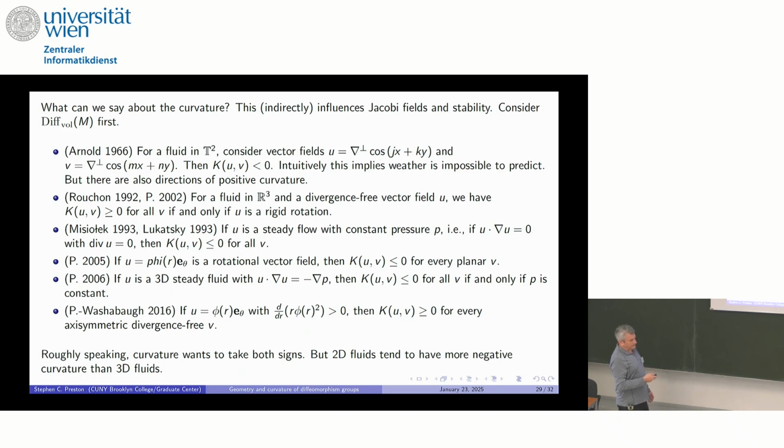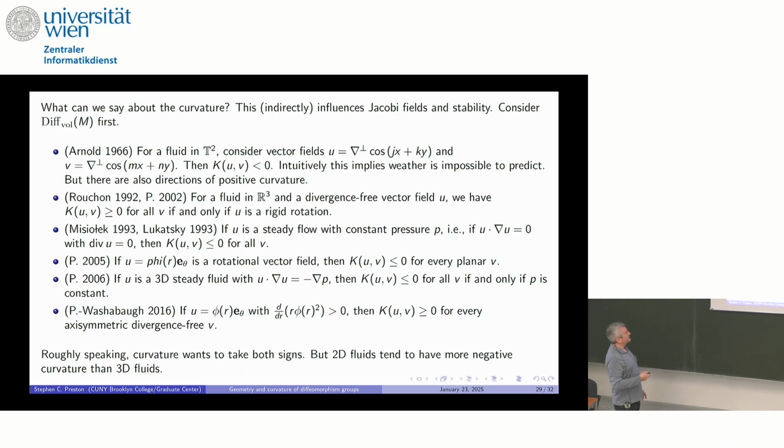It does happen fairly more often that you get non-positive curvature. It's still very rare to get non-negative curvature. Except in the axisymmetric case where surprisingly, we spent such a long time convinced we had made a mistake because I never believed this result. We found a condition in the axisymmetric case where you do get non-negative curvature operator.